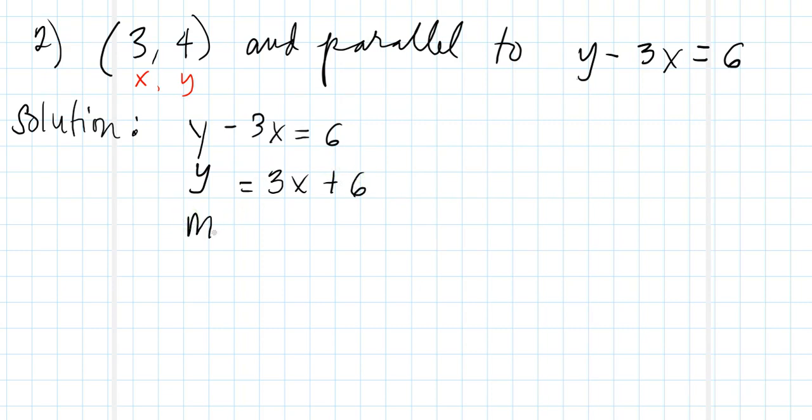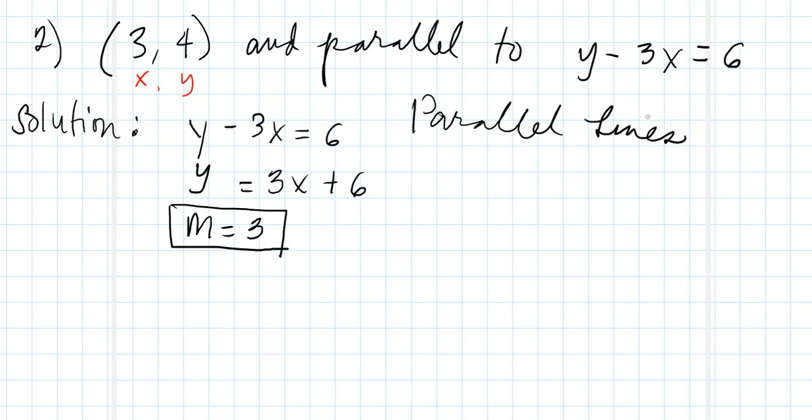Therefore, the slope is equal to 3, because we have here a line parallel to this equation. Parallel lines have equal slopes.